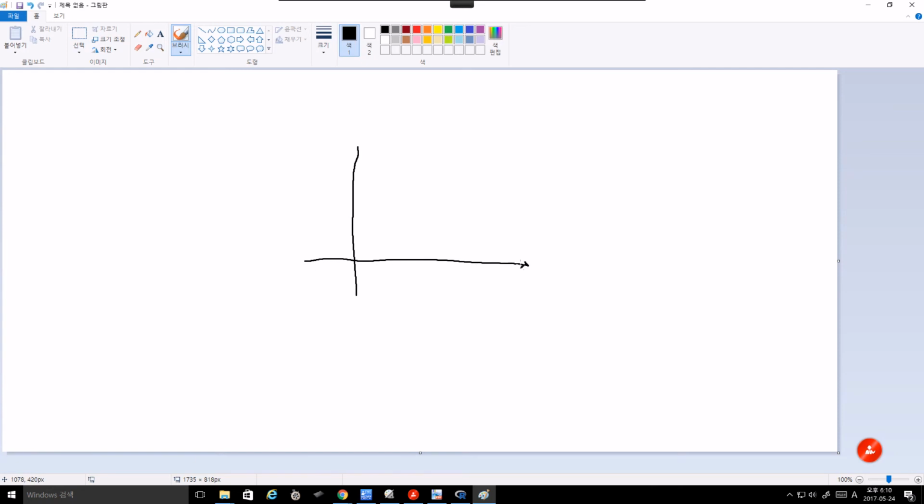Suppose this is a point (x, y), and we want to rotate it by theta, and then we will have another point (x prime, y prime).